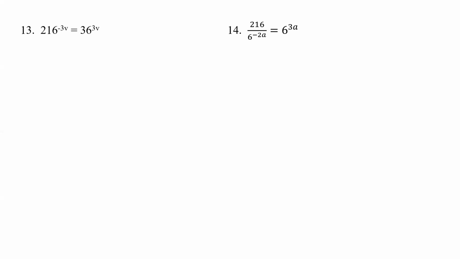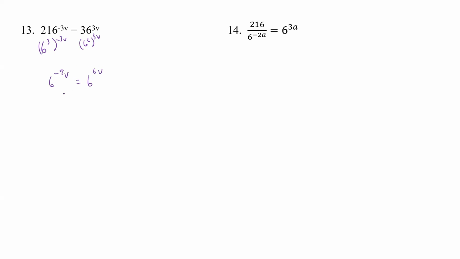216 and 36. Well, 36 we know is 6 squared, and that's to the 3v. So 6 here, that was 6 times 6 times 6, so that was 6 cubed to the negative 3v. All right, so that's going to be 6 to the negative 9v equals 6 to the 6v.